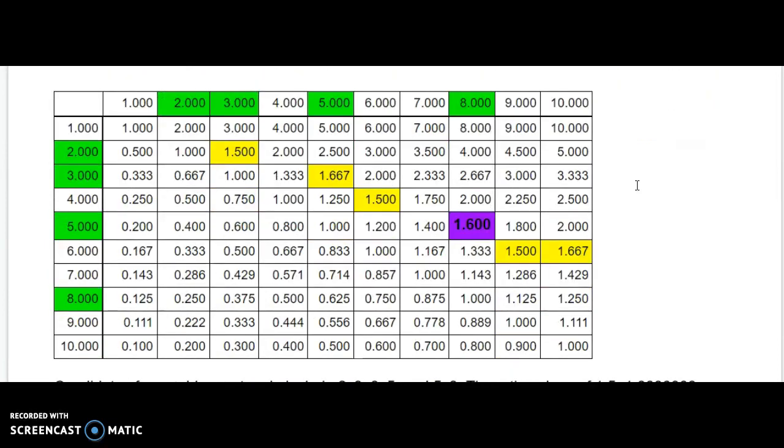So I divided everything out and highlighted the numbers that are Fibonacci numbers, and in yellow found ratios of 1.5, 1.6 repeating, and one of the ones that was the closest, which is 1.6, which is close to 1.618. So that gave me a 5 by 8 rectangle.